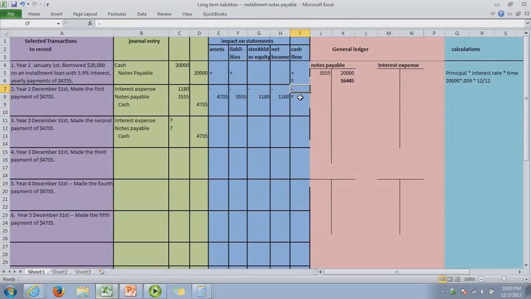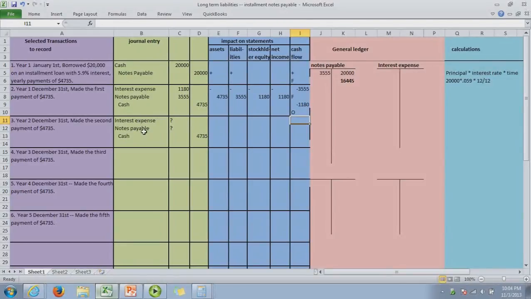Your financing part is 3,555. Your notes payable will be the financing piece, and then the cash for the interest part will be operating. So we have to separate the payment between the two components. Okay, that was a challenge.